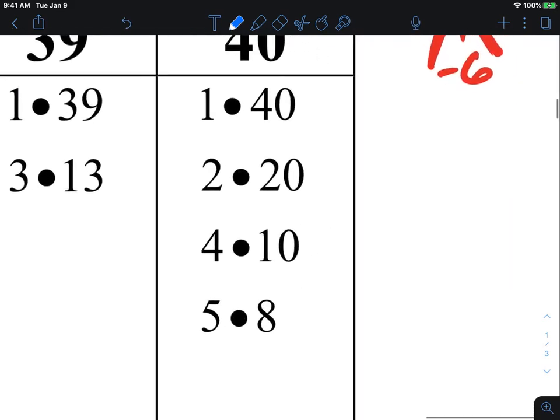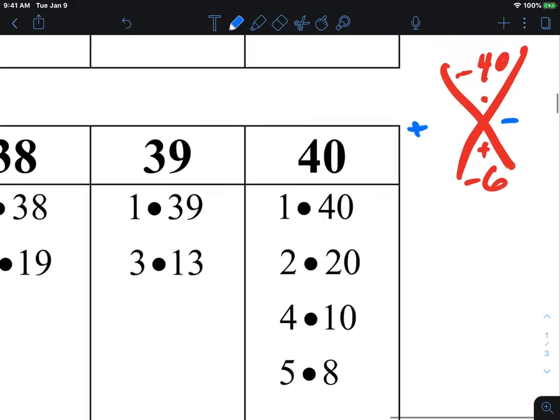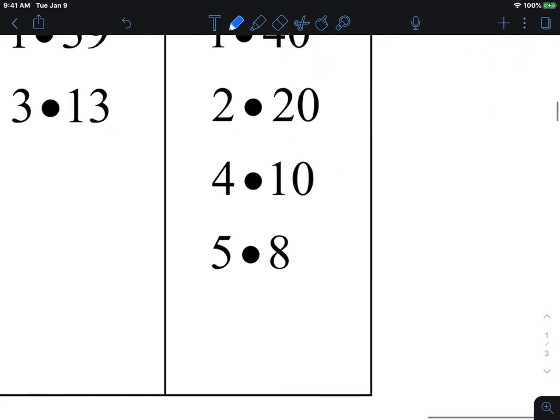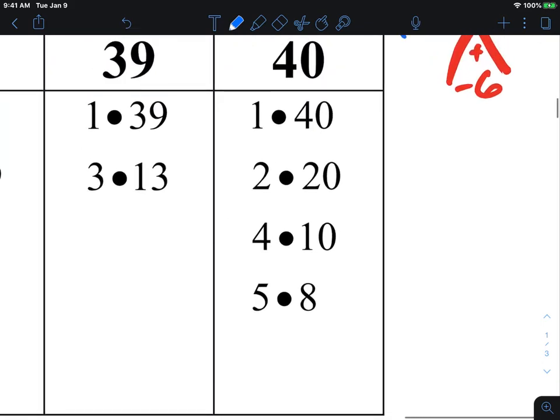So when I'm looking at my 4 factor pairs, right, I'm looking for, okay, if I take one of those numbers away from the other, how will I create the -6? So it's obviously not 1 minus 40 because that would be -39. It's not 2 minus 20 because that would be -18. It's definitely not 5 minus 8 because that would be -3.